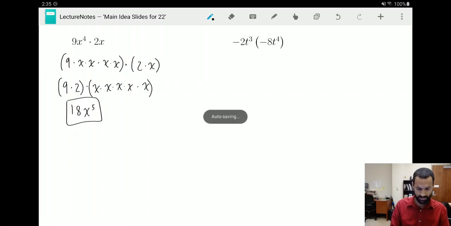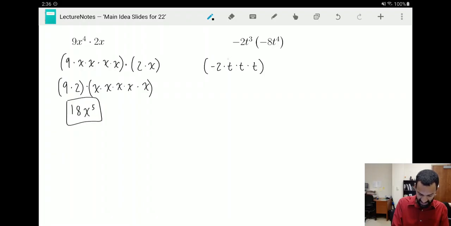Okay, what about negative 2t to the third power times negative 8t to the fourth power? Well, let's do this again. We have negative 2 times t times t times t, that's the t to the third power there. And then we have this times negative 8 times t, we got 4 t's here. Okay, so let's shuffle it around a little bit.